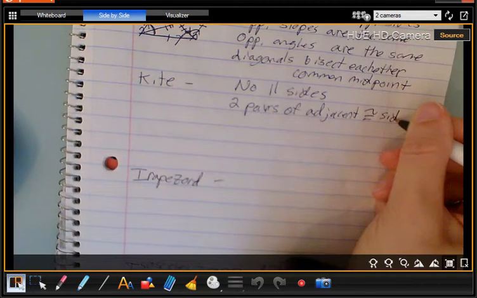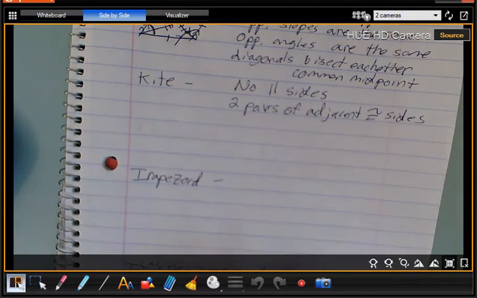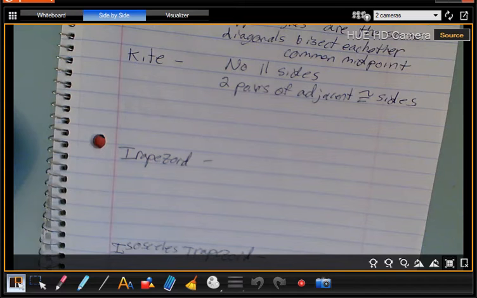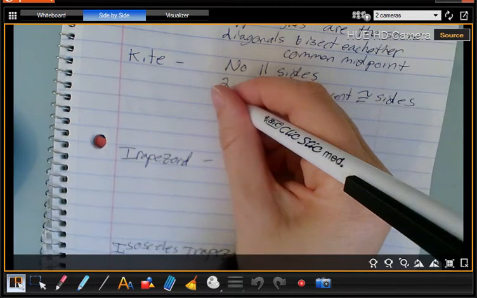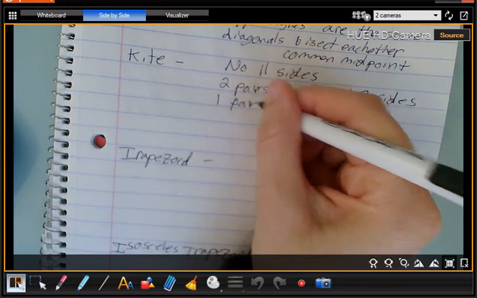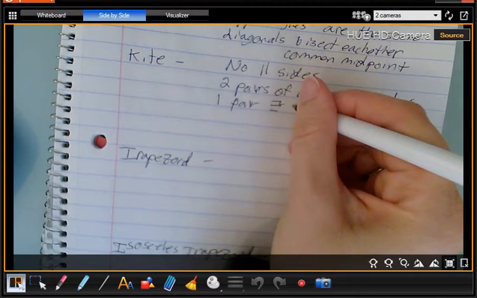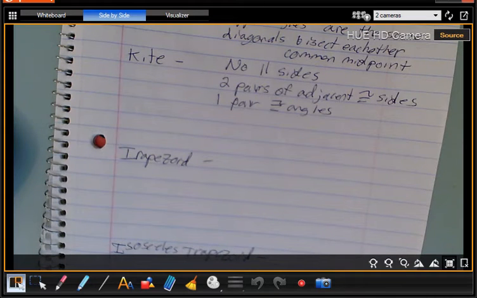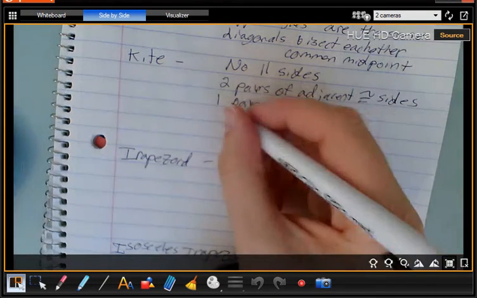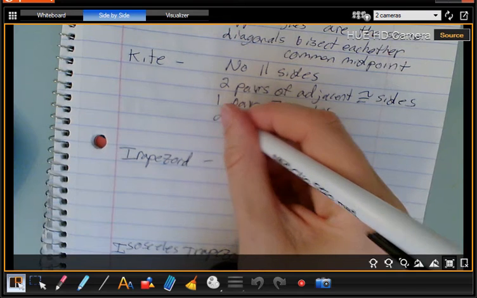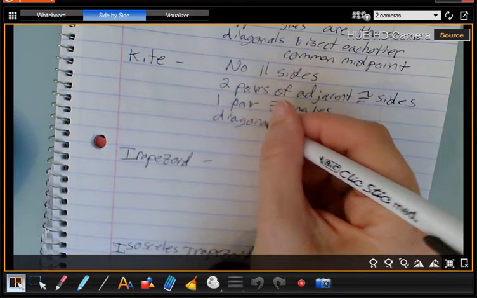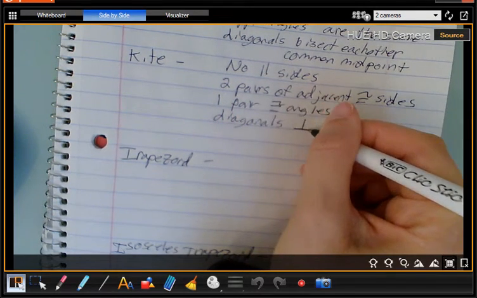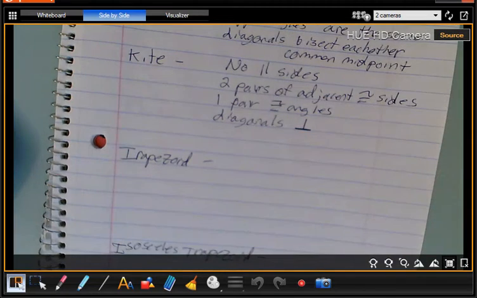Remember the equal sign with a little squiggle means congruent. It has one pair of congruent angles. And the diagonals intersect perpendicularly. Diagonals are perpendicular, we'll just say. And this upside down T means perpendicular.